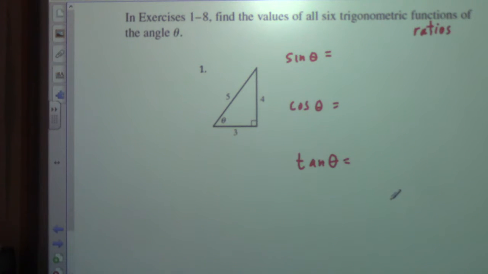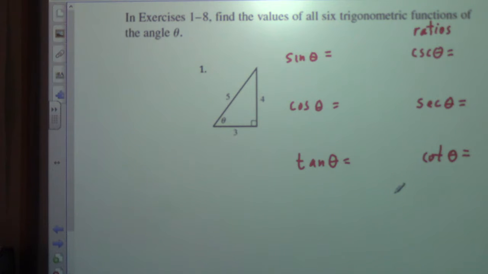It says the reciprocal of sine is 1 over cosecant, or cosecant is the reciprocal of sine. So I'm just going to put cosecant theta equals, and cotangent is the reciprocal of tangent.